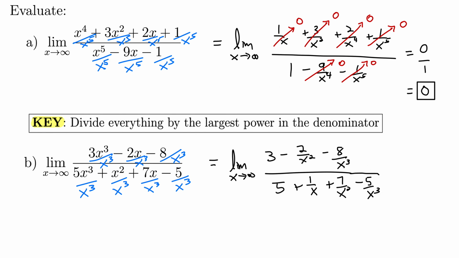Okay, and for the same reasons as before, anything with just a number up top and then x on the bottom goes to 0 as x goes to infinity. So those two terms on the top go to 0, and these three terms on the bottom go to 0, leaving us with 3/5 as expected.